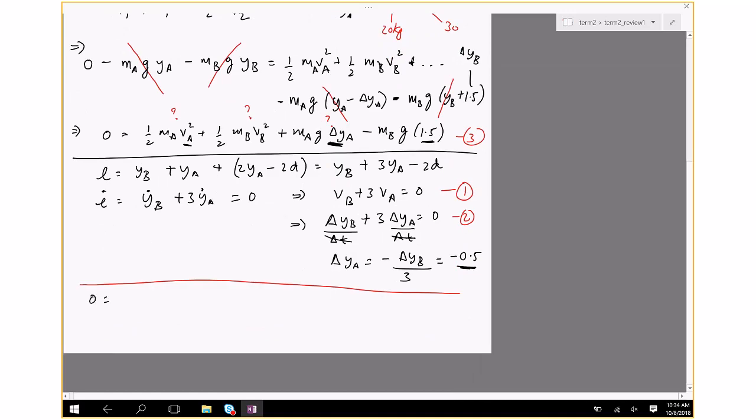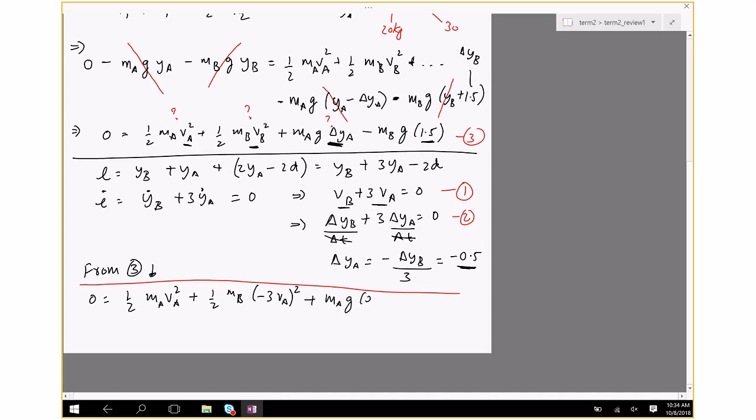Zero equals half m, let's keep VA as it is, and then sub in for VB, half MB VB, which is, I already found that VB is minus 3VA from equation 1, so minus 3VA squared, plus MAG delta y.